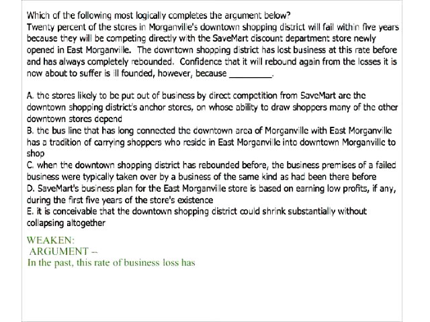Therefore, the business district will rebound again. And you're trying to weaken this particular conclusion because you're saying confidence that it will rebound again is ill-founded. So you can think of it that way.